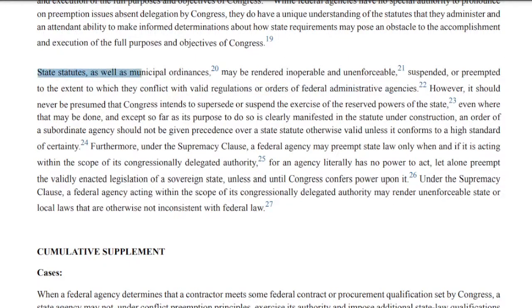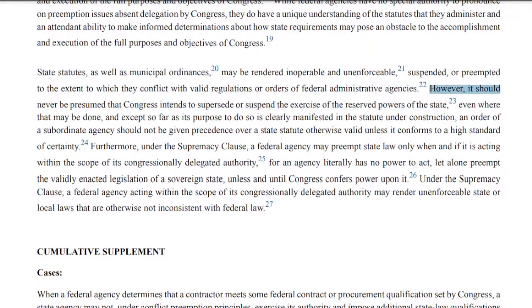This happens quite a bit, and we can see here two footnotes, 21 and 22. So they can be suspended to the extent they conflict with the valid regulations, or preempted, or orders of federal administrative agencies.